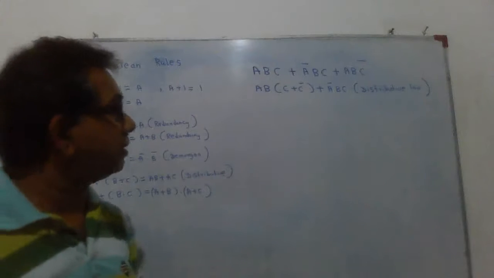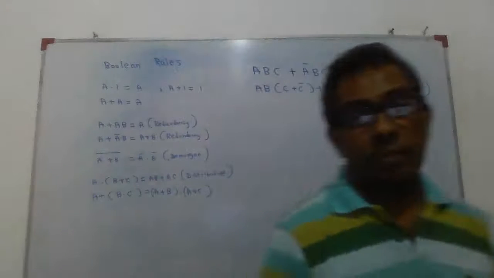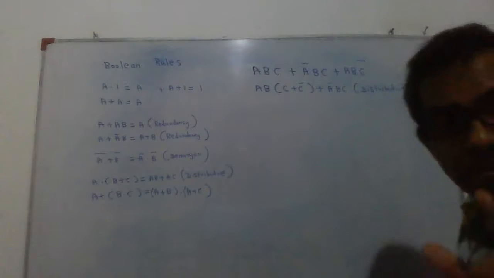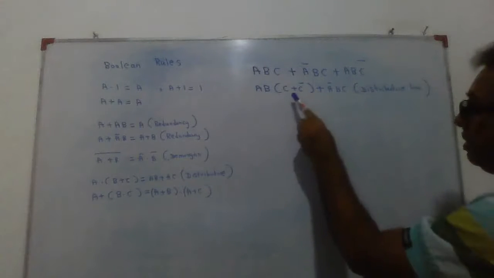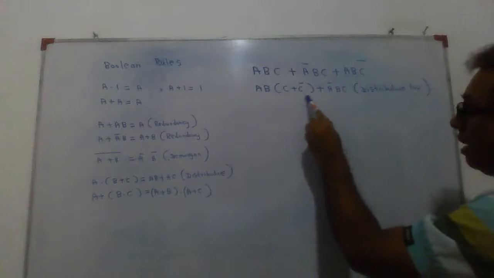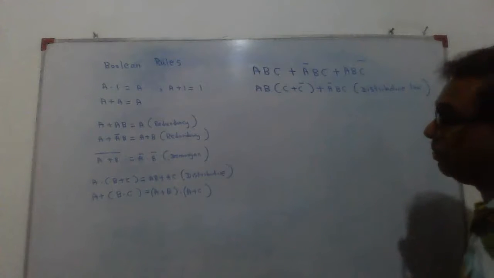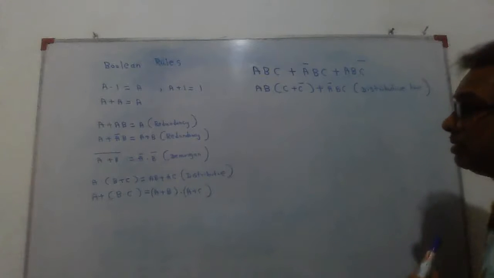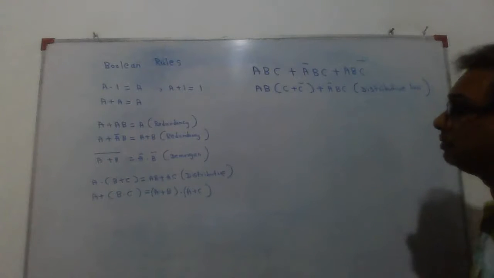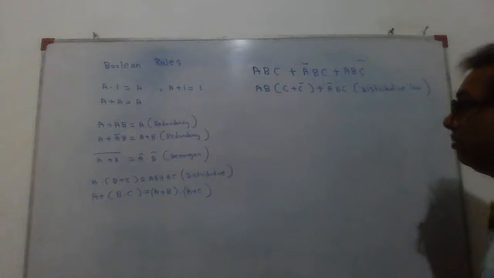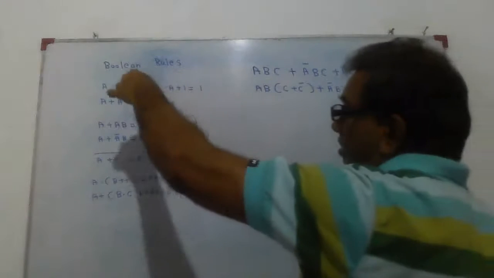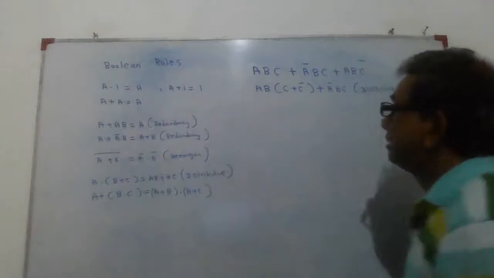Then after that, you check the statement again. What may happen? C or C bar can be seen. If you see C or C bar, you may have heard this type of statements here.